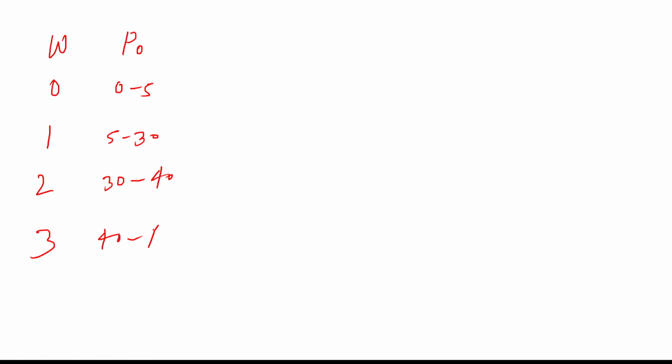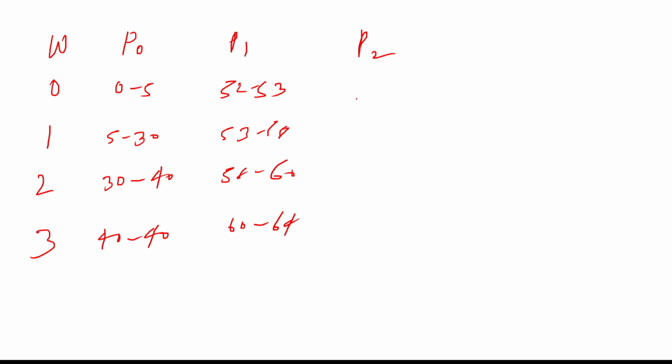Let's suppose we have the wizards 0, 1, 2, 3, and then we have portion 0, which is from 0 to 5. Between them we have 5 to 30, then 30 to 40, and so on. For portion 1, we'll say it is 50 to 53, then 53 to 58, 58 to 60, 60 to 64.